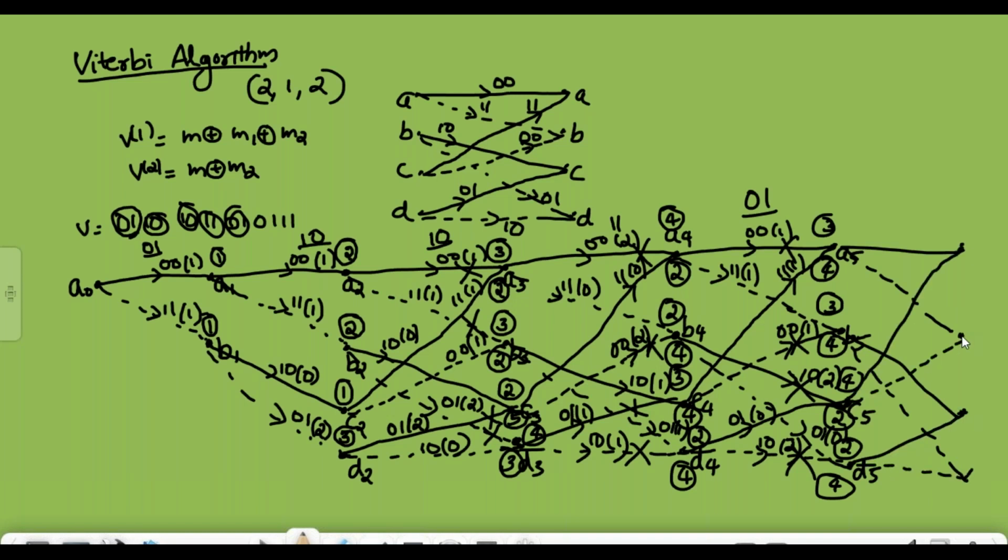Here represent the nodes as A6, B6, C6, D6.